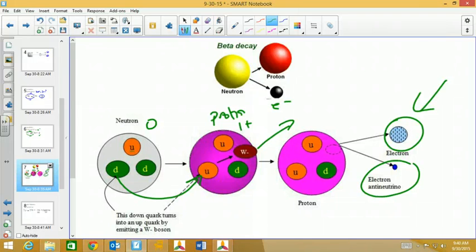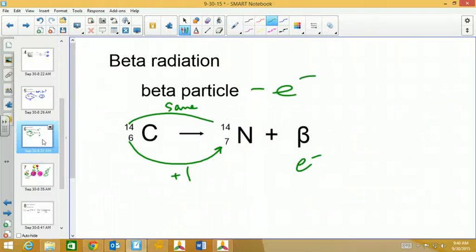Big picture. Let me pull you back out of the weeds, right? The big picture is beta decay takes an unstable carbon-14, radioactive carbon, and turns it into a non-radioactive nitrogen. And when doing that, it gives off an electron. So basically, just add 1.